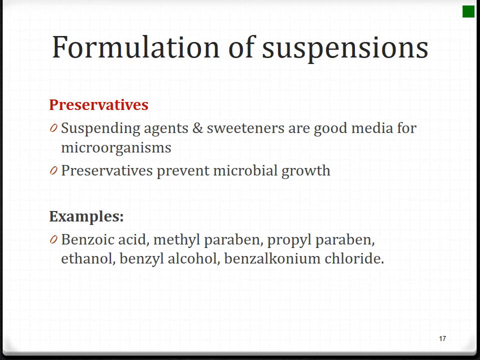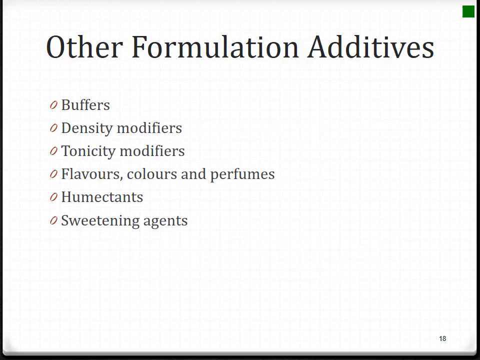The aqueous medium containing suspending agents and sweeteners is a good medium for microorganisms to grow. Hence, preservatives are also added to prevent microbial growth. Other additives may also be required, and these are similar to the additives in solutions.